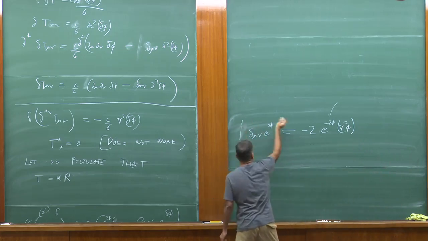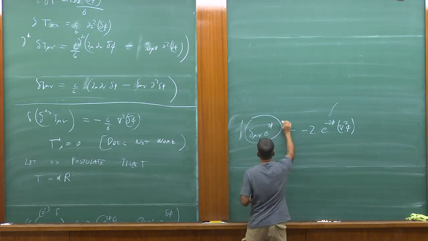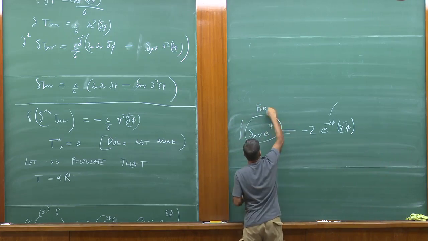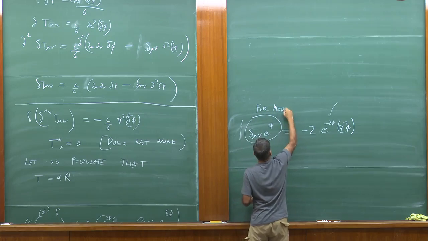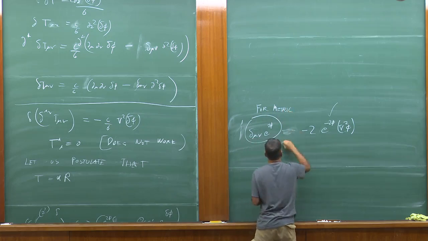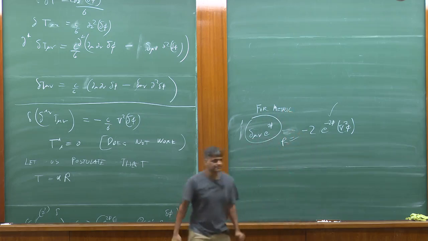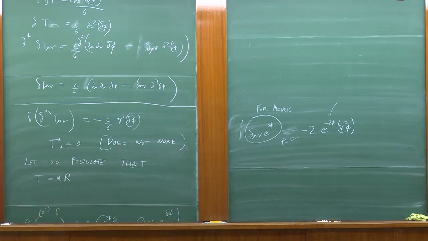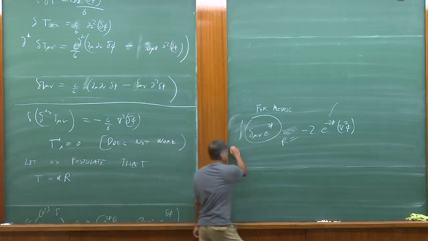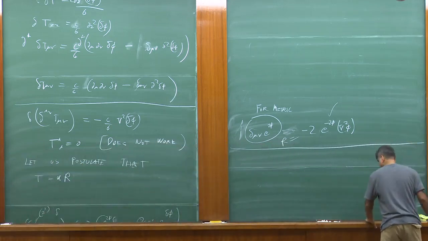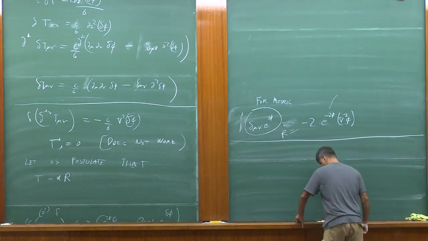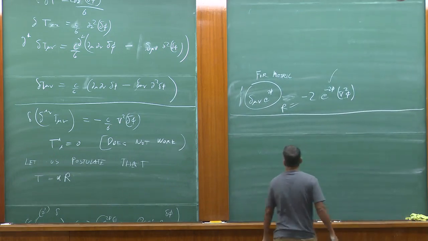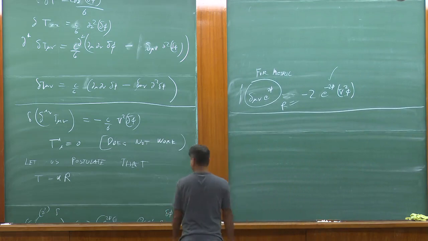So what is this statement? What is this equation here? For this metric, this R is equal to that. Great.